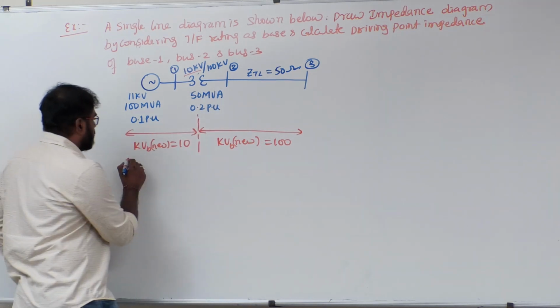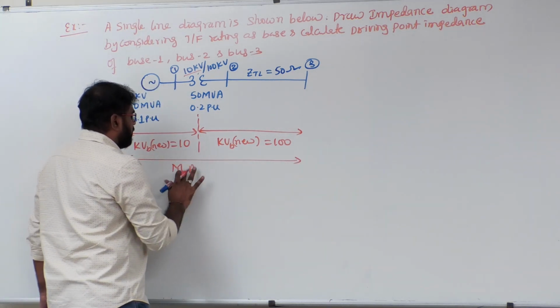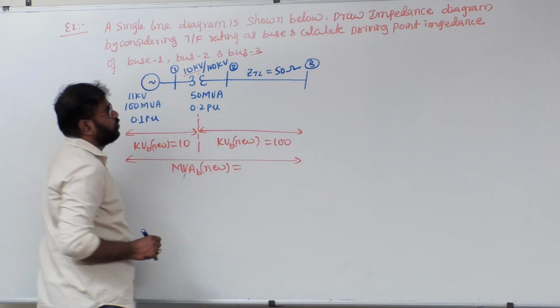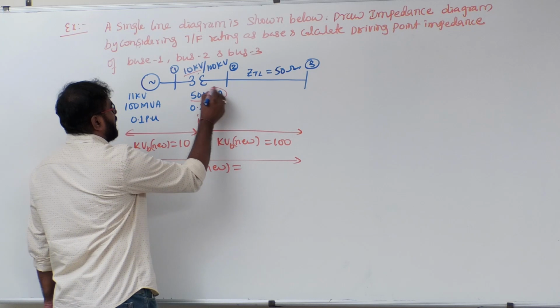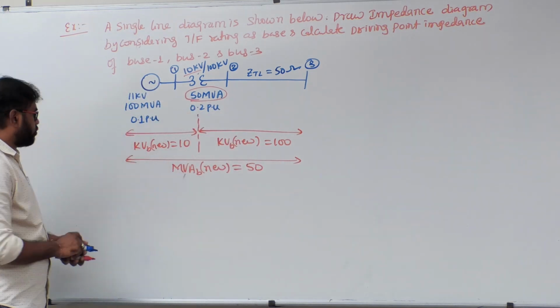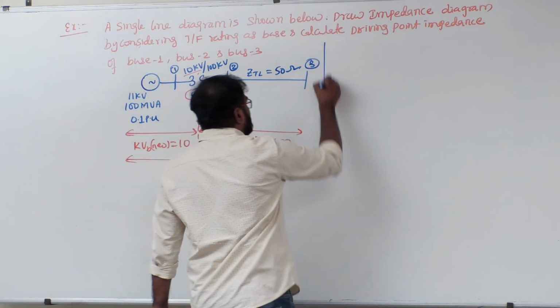But what about the MVAB new for the complete system? Transformer rating as base, that means 50. Now we need to calculate the new per unit impedances for all the elements.